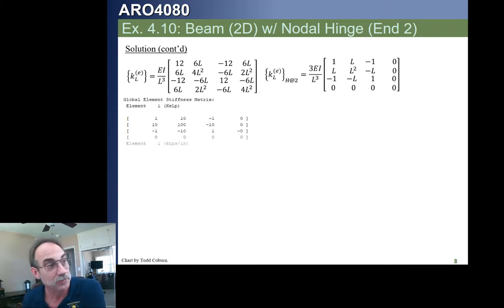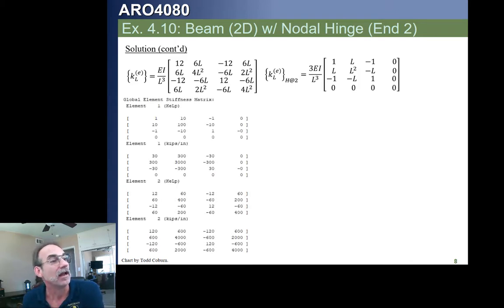We now can go and you can see for element 1, you're actually going to see 2 stiffness matrices here for each element. This is just my own nomenclature. Actually, the second one is the actual stiffness matrix. This first one, KELP, is the local stiffness matrix without the 3EI over L cubed.